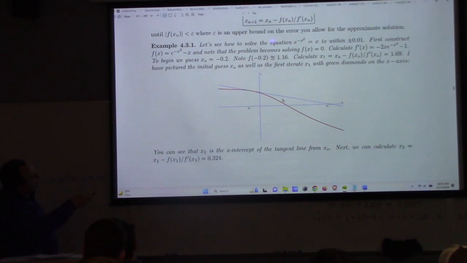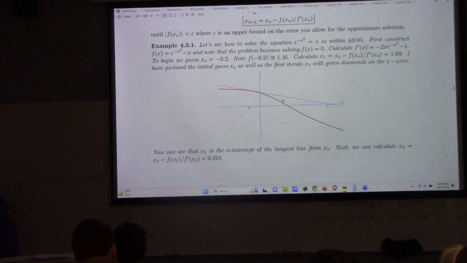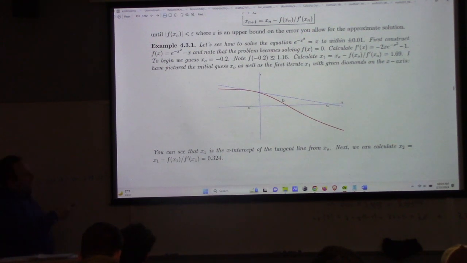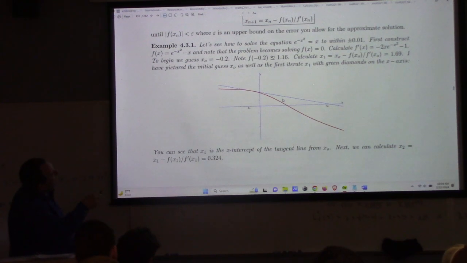I'm solving e to the minus x squared equals x. So that's not a function, right? I can't apply Newton's method to that. So I trade that for a function, e to the minus x squared minus x. Now, this function having a root is tantamount to that equation having a solution. All right, so that's step number 1. Then step number 2 is to make a guess. So I guessed minus 0.2. All right, this right here is a graph of the function e to the minus x squared minus x.